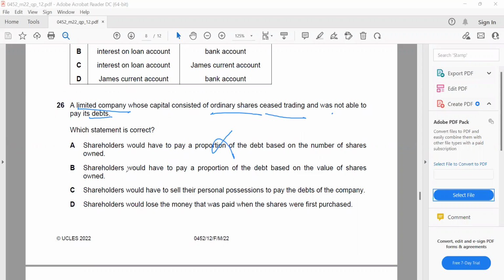This is also not correct. Shareholders will have to sell their personal possessions? This is also not correct, because of limited liability for the limited company. Shareholders would lose the money that was paid when the shares were bought. So this should be the answer for 26.